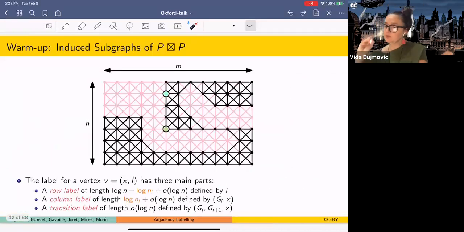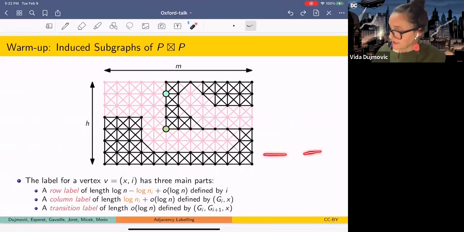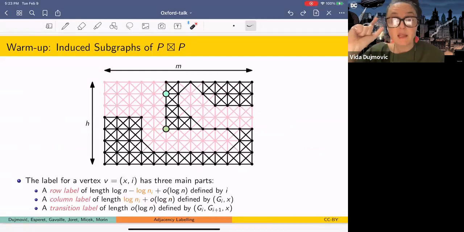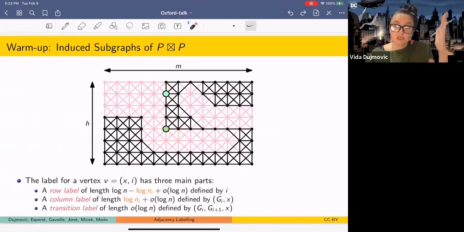If the two vertices are not in two consecutive rows, we look at the row label, and remember, row labels can just tell me, are these two vertices in consecutive rows? And it tells me no, they're not in consecutive rows. Well, then we know they're not adjacent. We say no immediately.